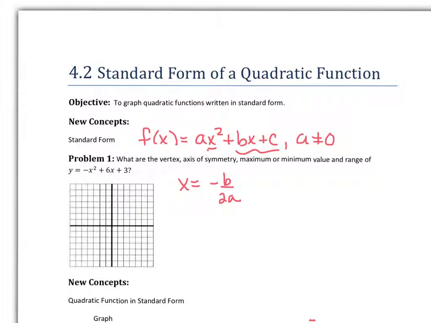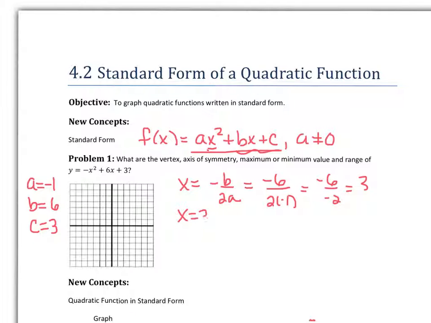If you recall, because of standard form, our a in this case is going to equal -1 because we have a -1x². Our b is 6 and our c is 3. So if I substitute in, I would get -6 over 2 times -1. So I get an axis of symmetry of 3. x = 3. That's our axis of symmetry.